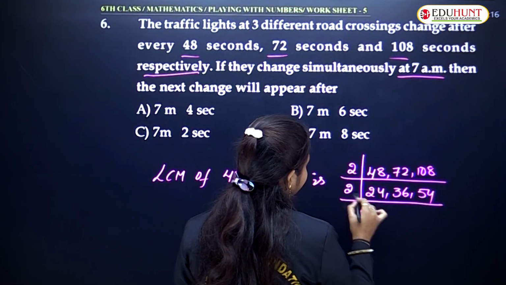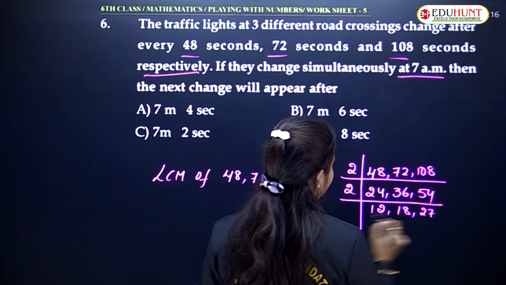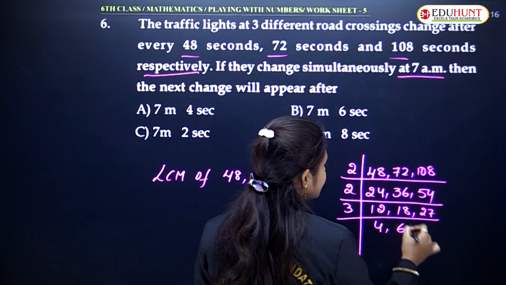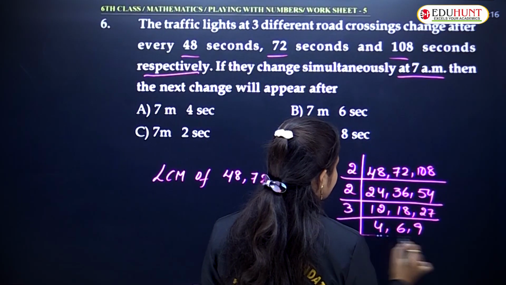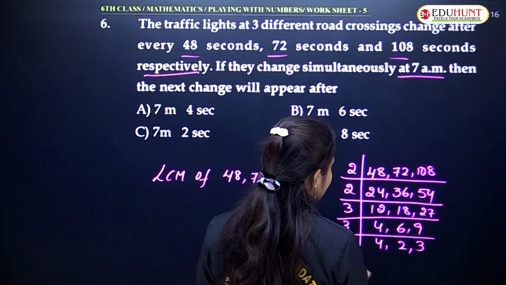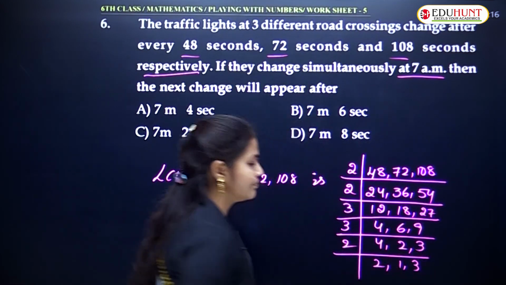Next again, 2 12s, 2 18s, 2 27s. Next by 3: 3 4s are 12, 3 6s are 18, 3 9s are 27. Again by 3: 3 2s are 6, 3 3s are 9. Next 2 2s are 4, 2 1s are 2, 3.